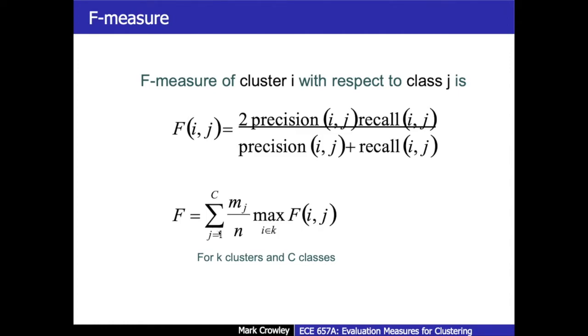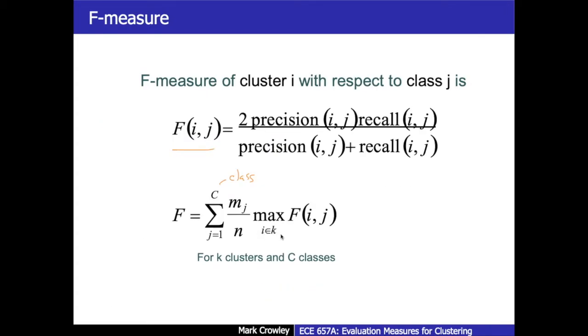And because we now have a number of classes and clusters, we could say we have this pairwise F measure, right, that we've created. And then the full F measure, which is over the entire data set, is run over every class, right? So for every class, we iterate over it, and we were using J for class before too, right?